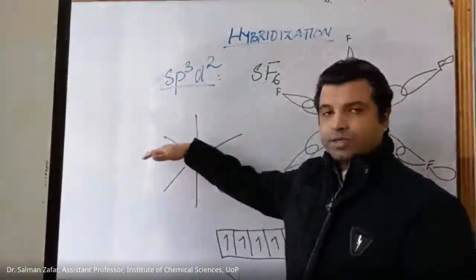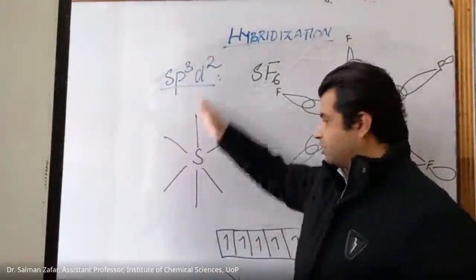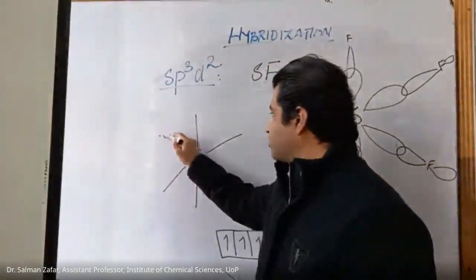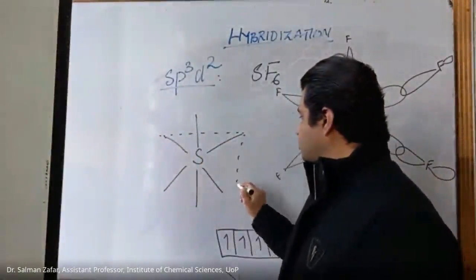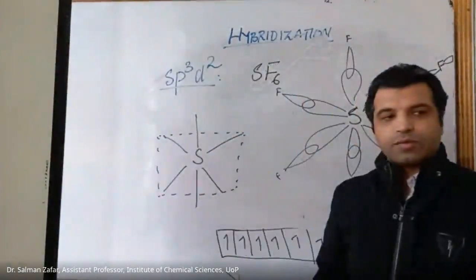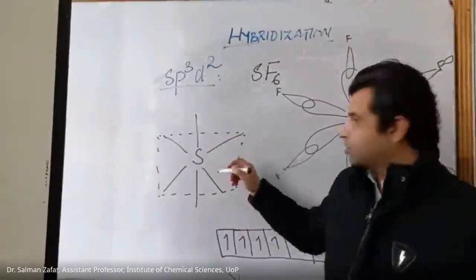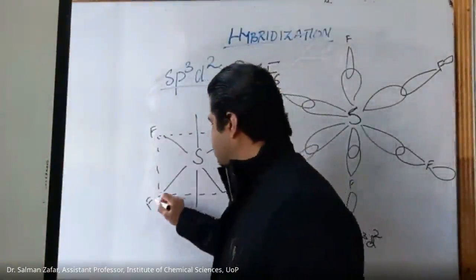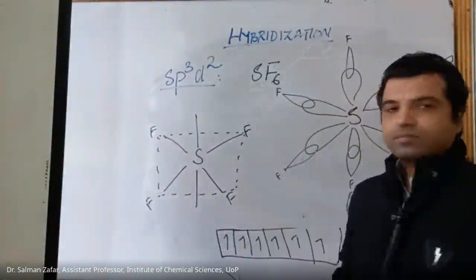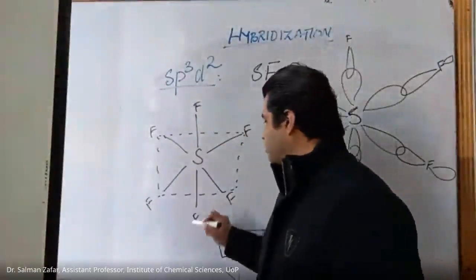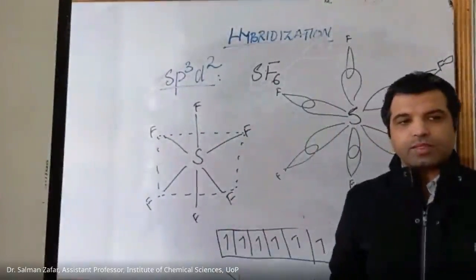You can connect them in this form, right? And so they are horizontal, and each one has a fluorine atom. These 2 also have fluorine atoms.